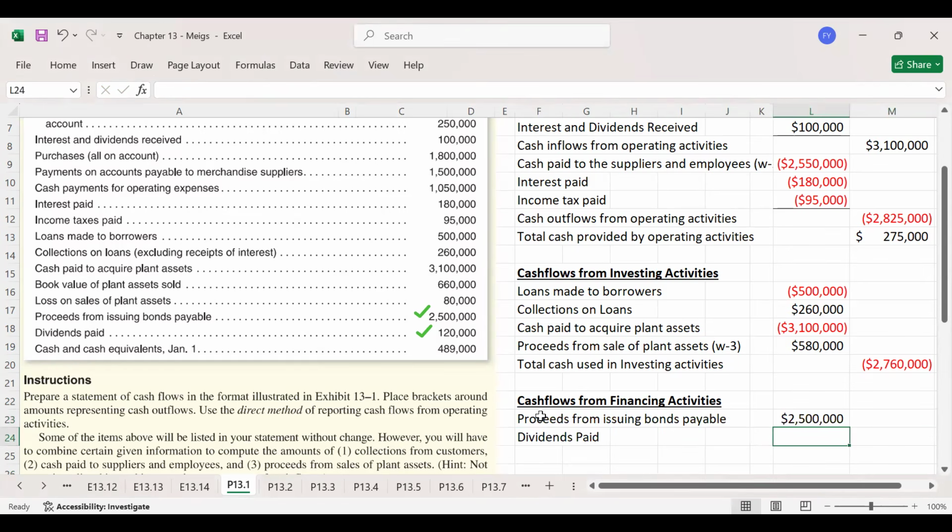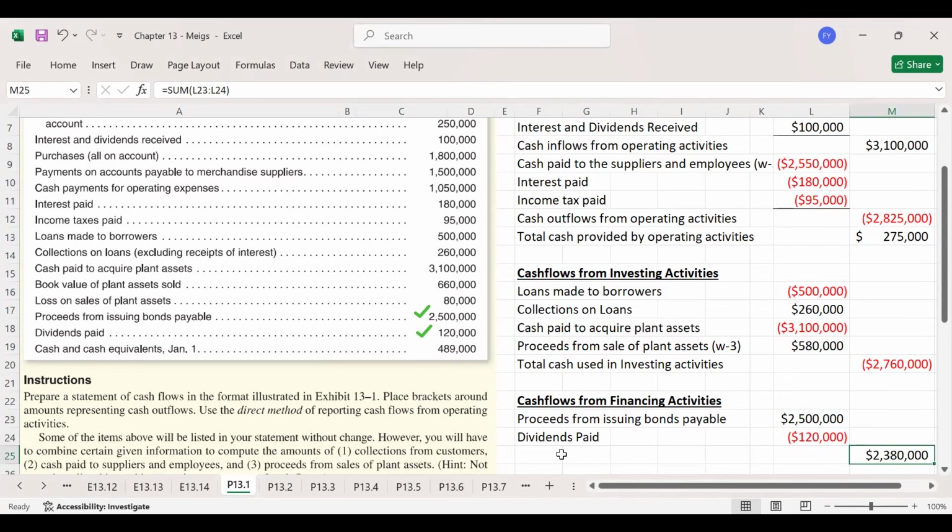As paid represents outflow of cash, we are representing it in a bracket, which is $120,000 here. So the total of cash flows from financing activities is, okay, this is positive.